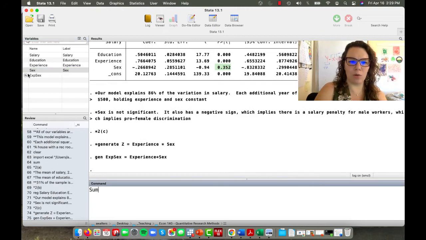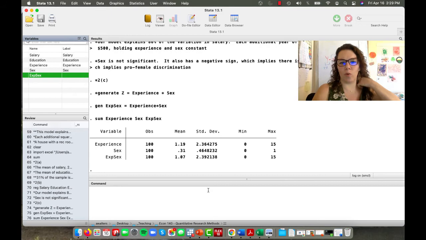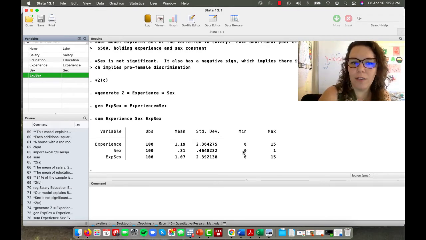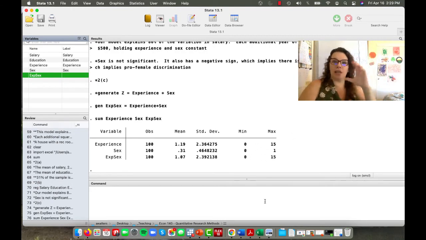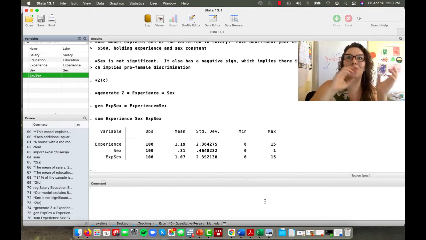If I do summary of my variables, we'll see that now we've got this new interaction term where experience is either 0 if sex is 0, or the value of experience if sex is 1, right? Because we're multiplying X times D. D is either 1 or 0, so Z is either X or 0, right? Does that make sense?